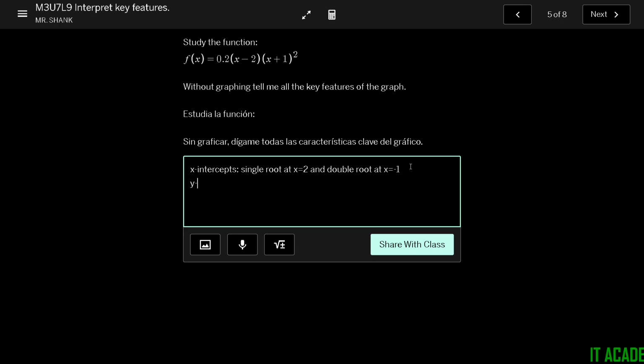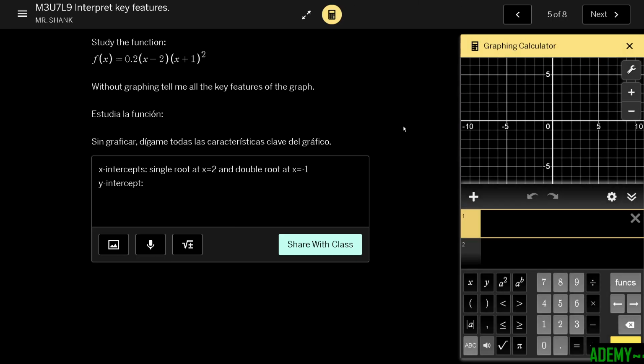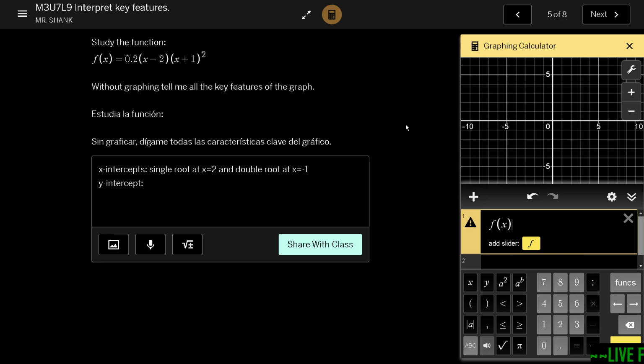Then we could say our y-intercept. I could plug in x equals 0, so it would be 0 minus 2 and 0 plus 1. So this would be -2, and then -2 times 0.2 is going to be -0.4. Let me triple check. It says without graphing, but I want to make sure we are correct, so I can look without the graph, but I can also plug it in.